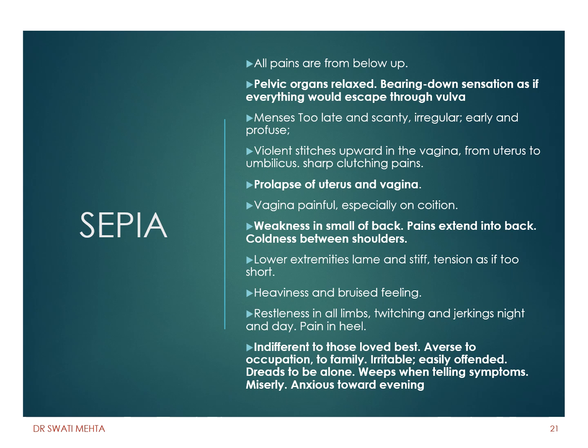Restlessness in all the limbs, twitching and jerking day and night, and pain in the heel. Mentally, patient is indifferent to whom she loves best. Irritability, desire for solitude, emotional exhaustion. So Sepia is one of the most important remedies for chronic pelvic disorders with hormonal imbalance.